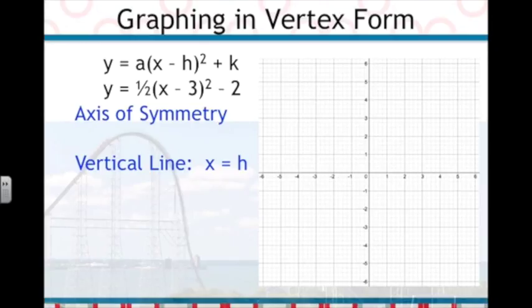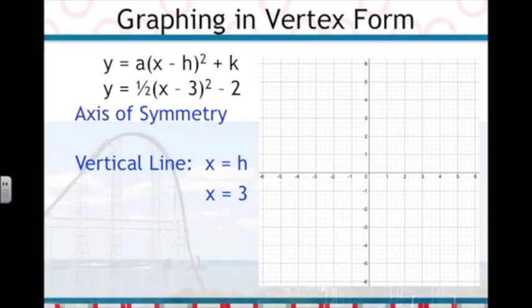If you look at the equation for vertex form, you can see that h is whatever number is being subtracted from the x in the parentheses. In this example, 3 is being subtracted from x, so the axis of symmetry is x equals 3.